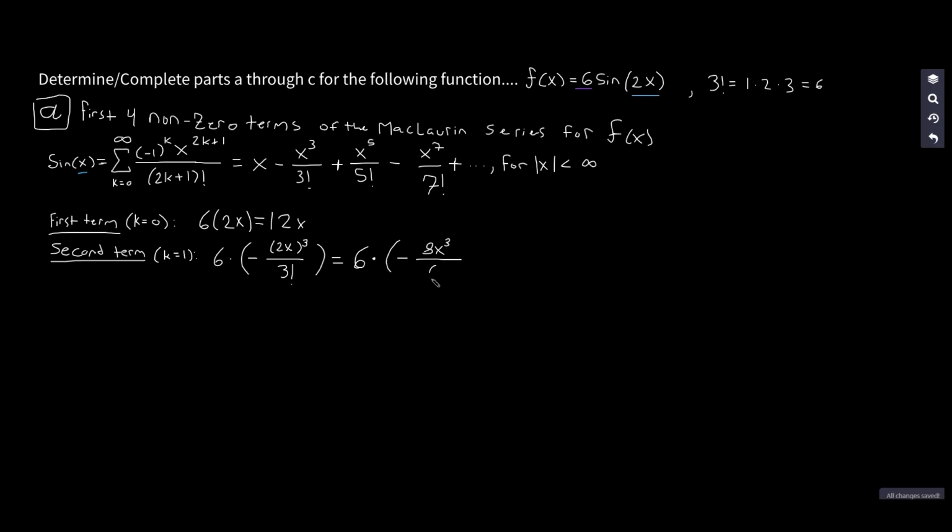So 3 factorial is 6, right? Then these 6's here are going to cancel, and we'll be left with negative 8 times x raised to the third power. Then we can go ahead and find the third term.